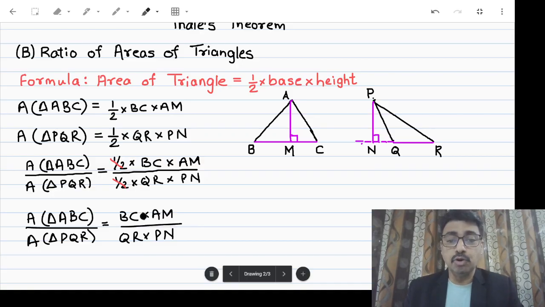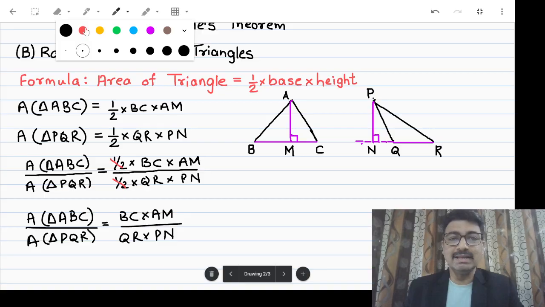So it is ratio of products of what? The products of BC and QR, which are the bases, with AM and PN, which are the corresponding heights. So we can say ratio of products of bases with their corresponding heights.